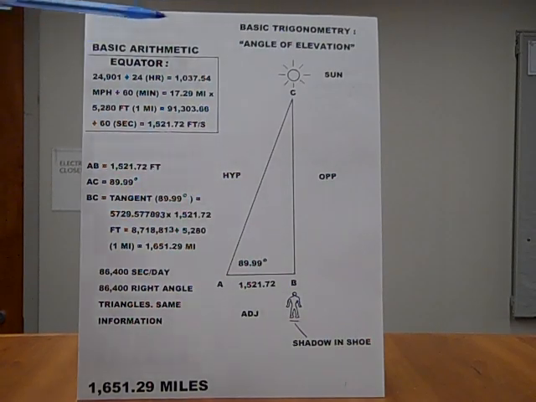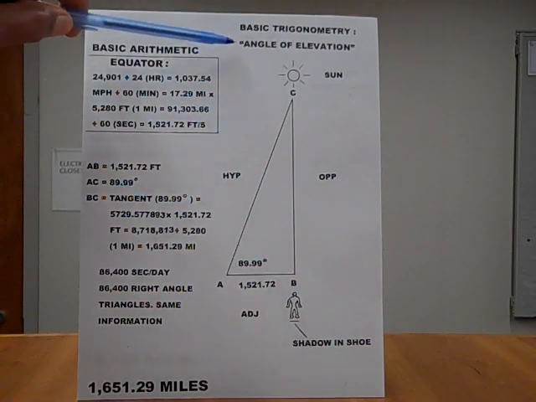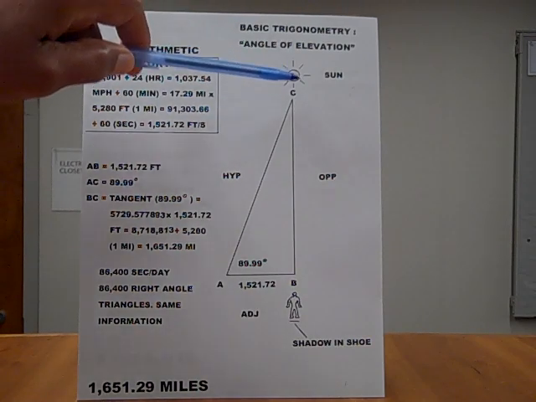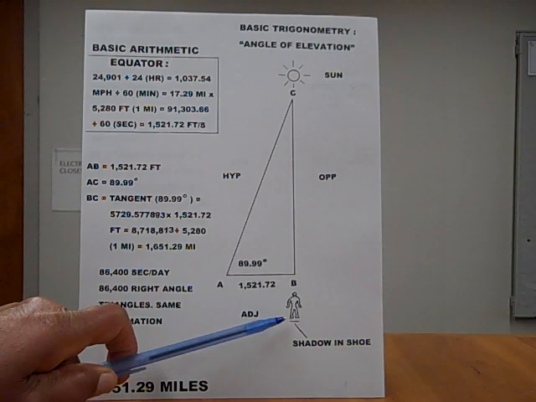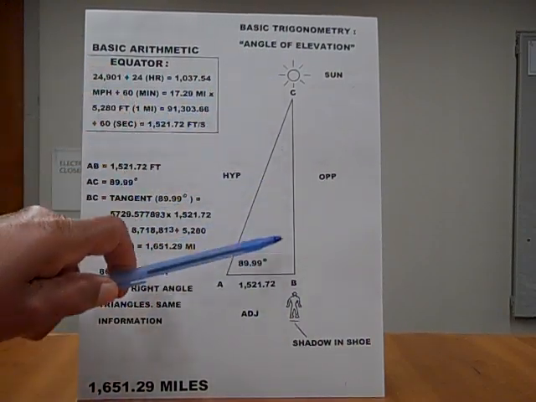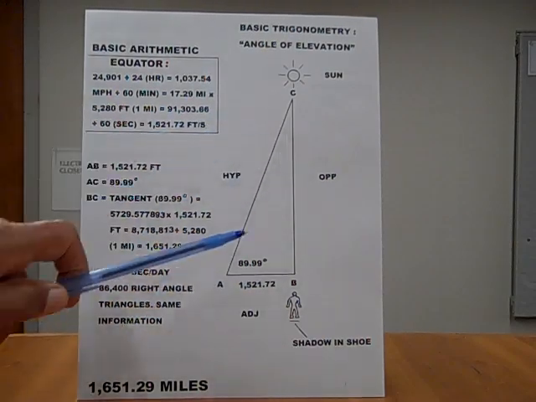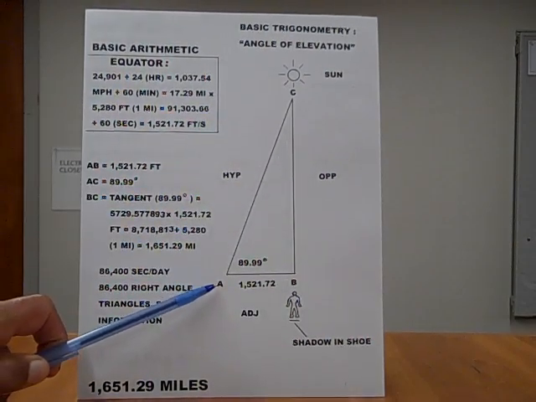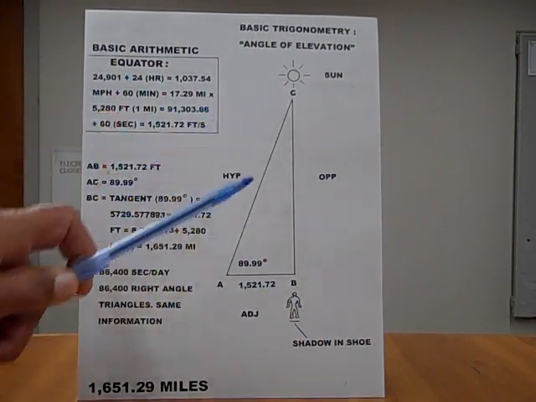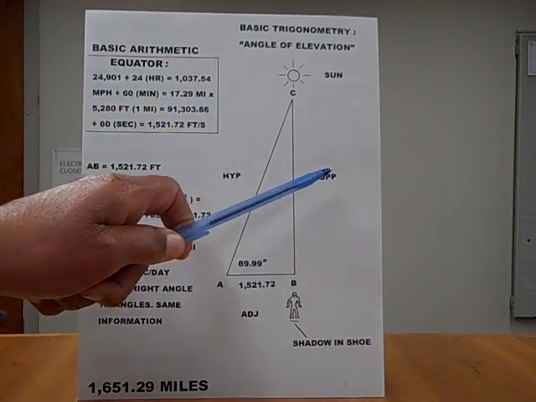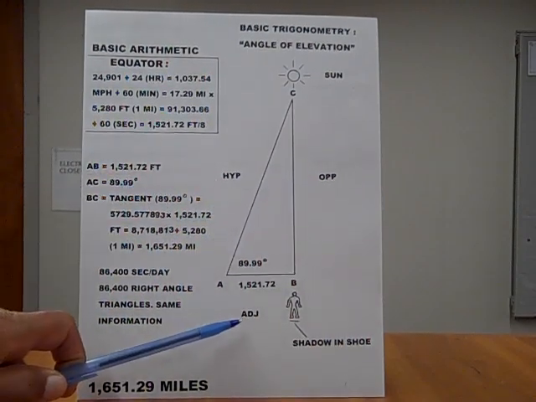From basic arithmetic to basic trigonometry is angle of elevation. Right here is the sun. This here is you, directly under the sun. And this here's a right angle triangle. All triangles have three edges, A, B, and C, and have three sides: hypotenuse, opposite side, and adjacent side.